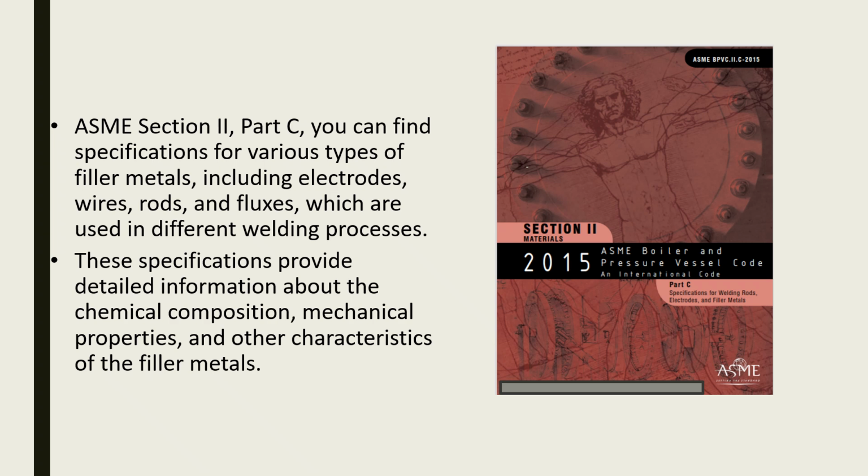If you're a company that is making filler material, this gives you the recipe and the specifications that you have to follow to produce the filler metal to meet the specifications for the various applications for construction of boilers and pressure vessels.